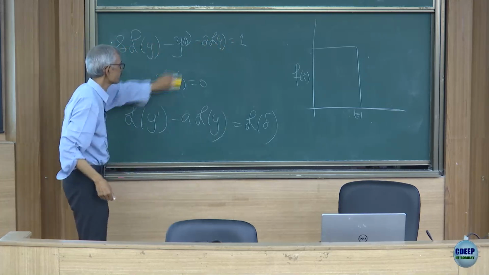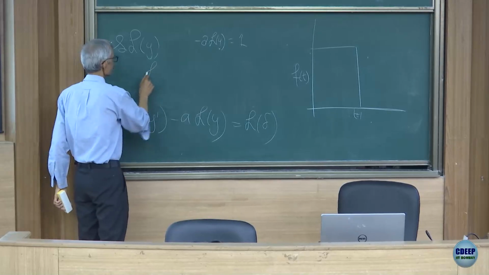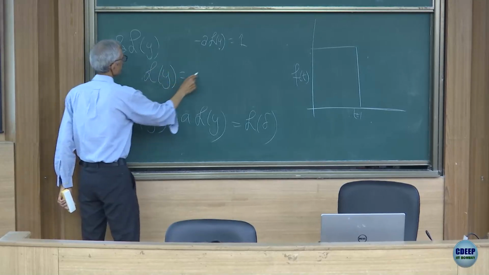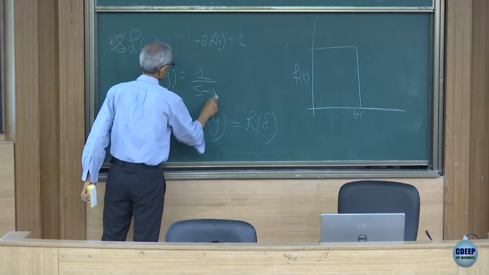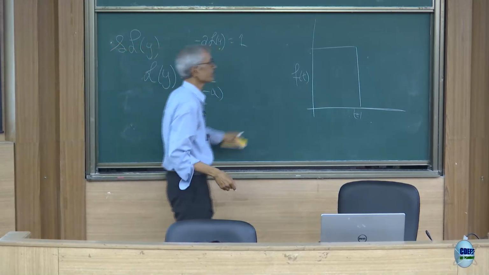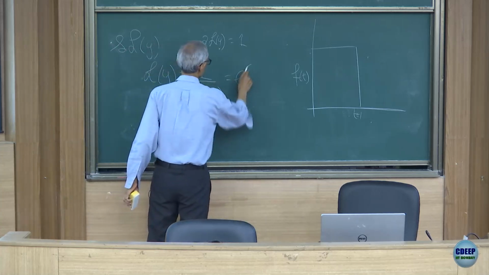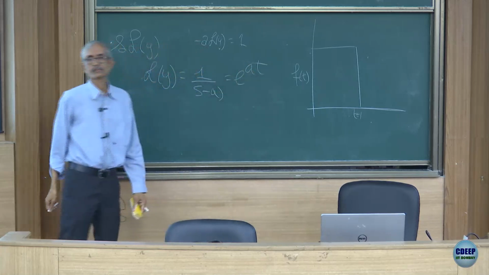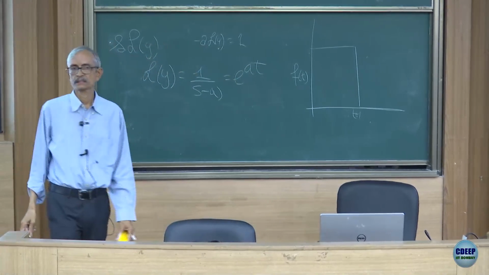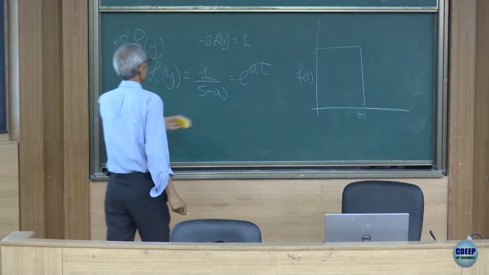Using this condition here, y0 is 0. So the Laplace transform is 1 upon s minus a. We have worked this out in the past, and this is e to the at. So this is my y star. Okay, so y star is equal to e to the at.